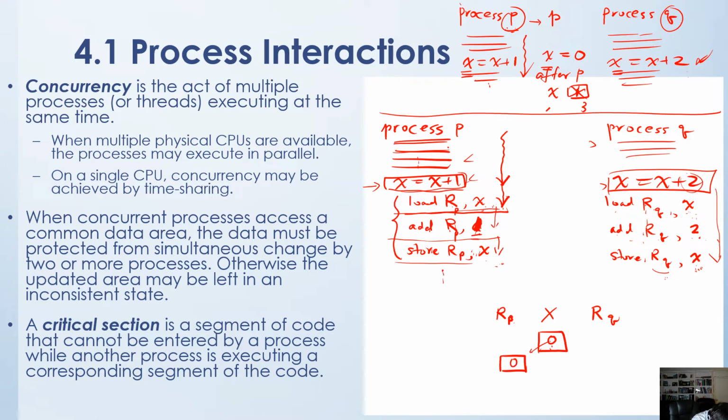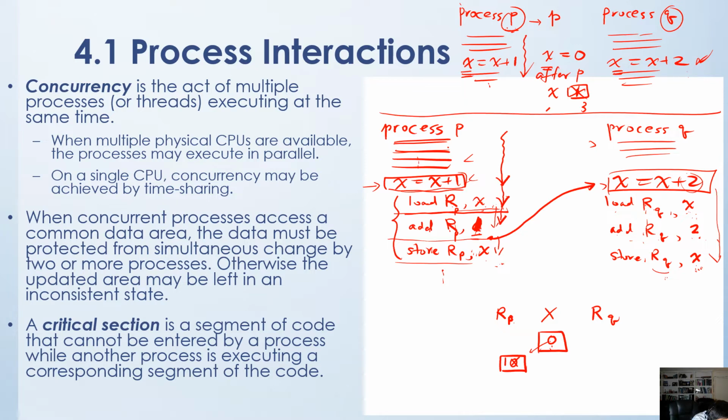So RP is 0. Okay, and then I execute the next instruction. You're going to add 1 to RP. So this becomes 1. Now, if something happens over here and the operating system scheduler decides that it's time to switch to another process.